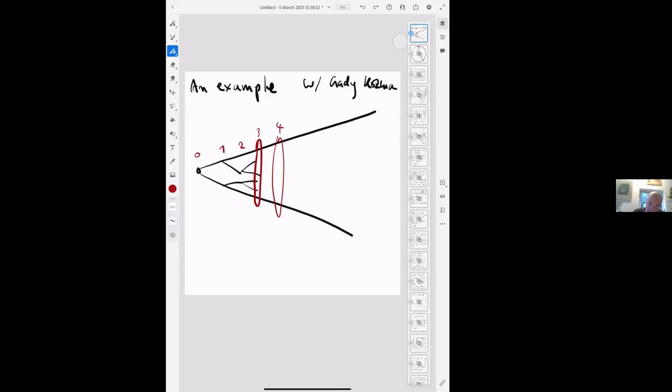In level n, we have 2 to the n vertices. And what we do is we take a family of expanders, Gn of size 2 to the n.